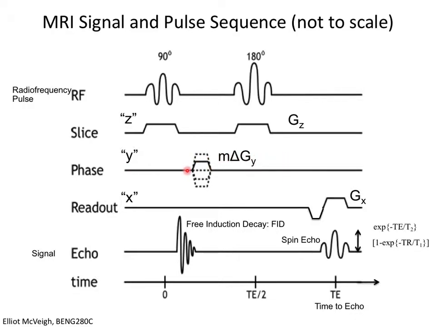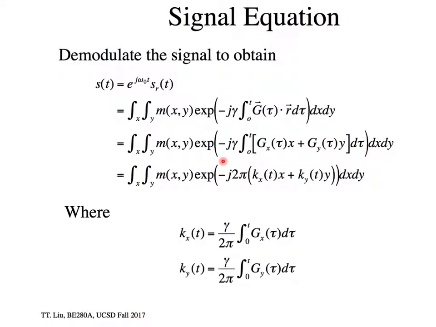So this is a simple one. It just gets turned on and then turned off. So that integral over time tells me how the signal gets modified when these gradients are on. So there's three integrals going on here: the integral of the time evolution of the sample during the application of these gradients, and then I integrate over the entire sample, or the entire imaging volume.